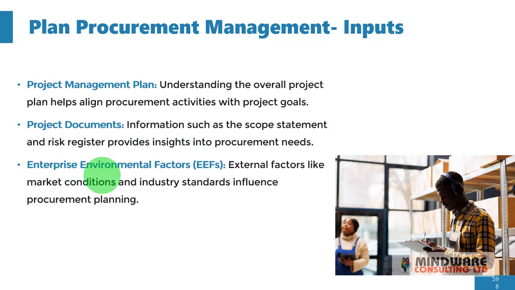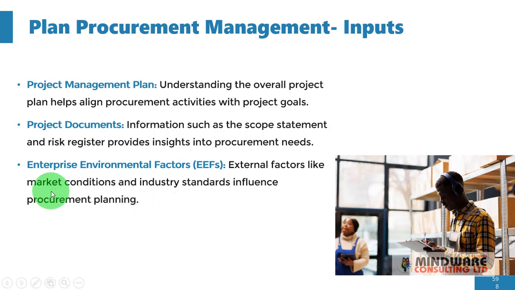Next, we have enterprise environmental factors, or EFs. These are external factors like market conditions and industry standards, and they influence the procurement planning. So when you're planning, you need to take into cognizance the environmental factors around the project organization and the project team.